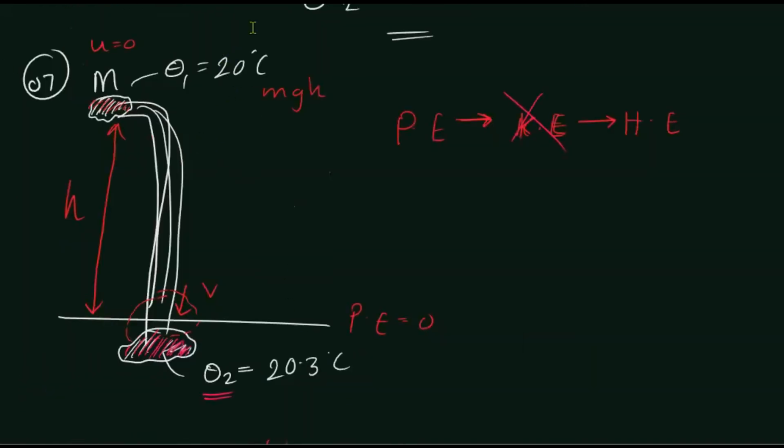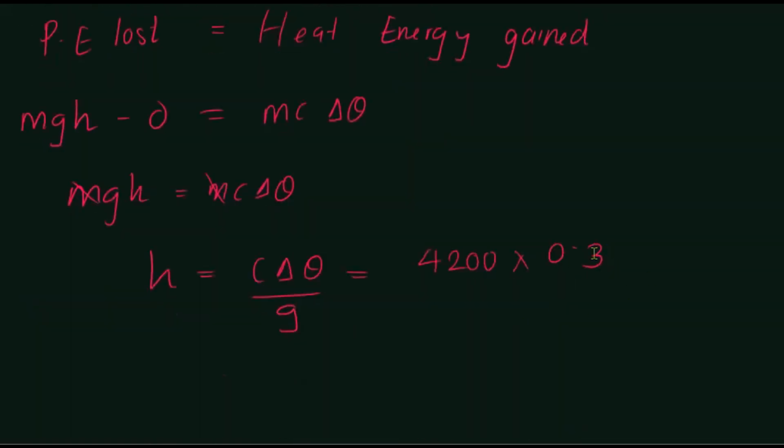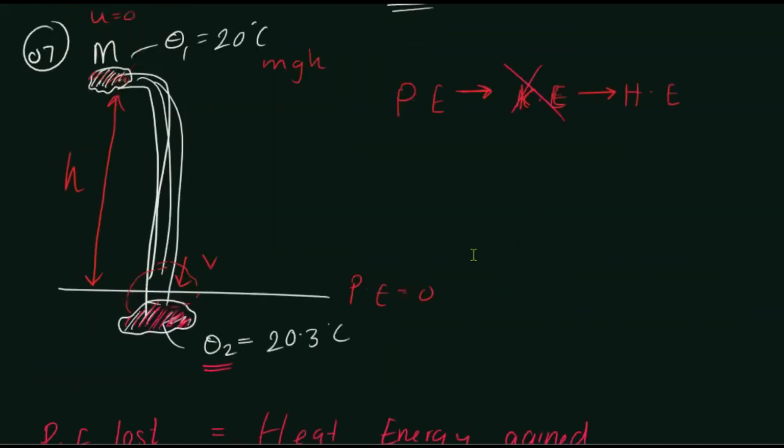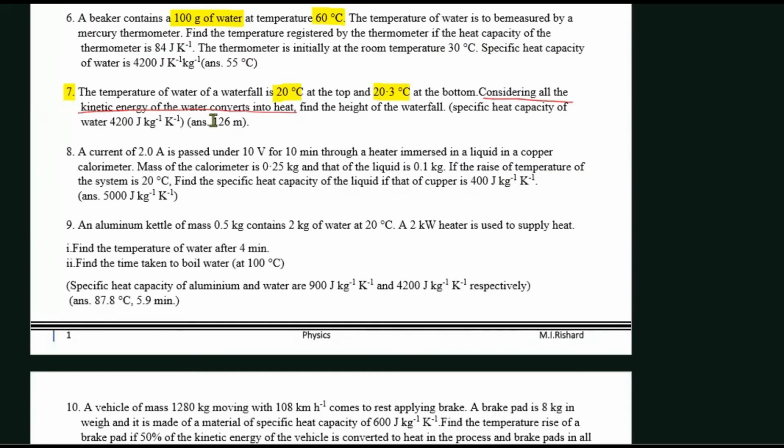The temperature rises by 0.3 degrees Celsius. So delta T I substitute as 0.3 and divide by 10. So the height you're going to get is 126 meters or something, right? So I guess that question is also understood, right? So let's discuss the 8th one as well.